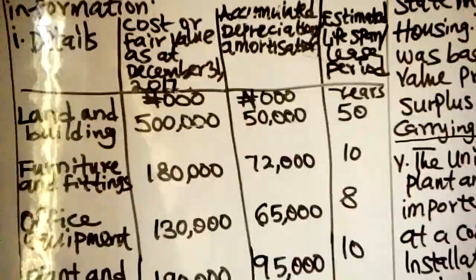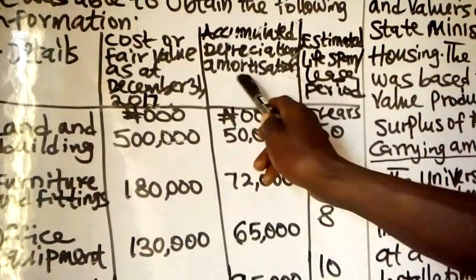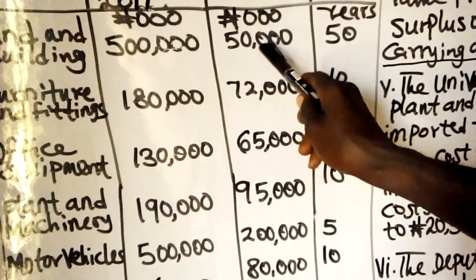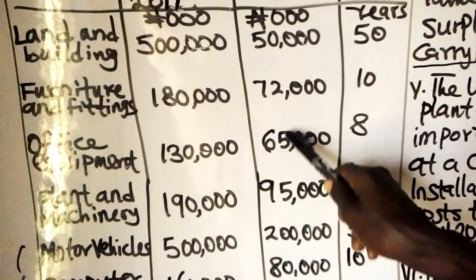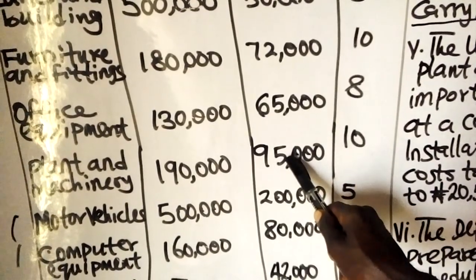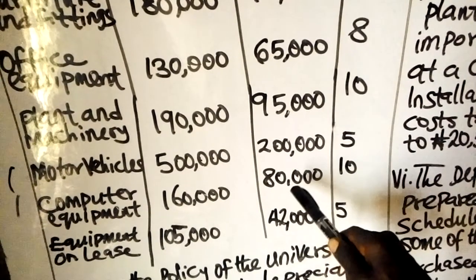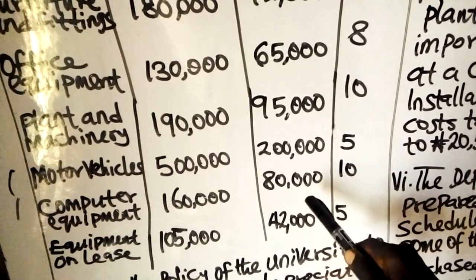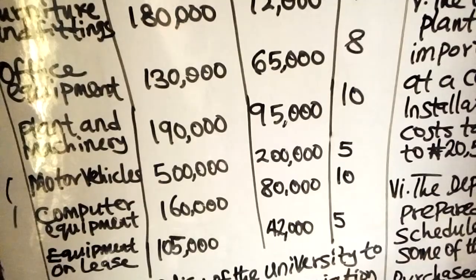You were given the accumulated depreciation and amortization for land and building 50,000, 72,000 for furniture and fittings, office equipment 65,000, plant and machinery 95,000, motor vehicles 200,000, computer equipment 80,000, and 42,000 for equipment on lease.